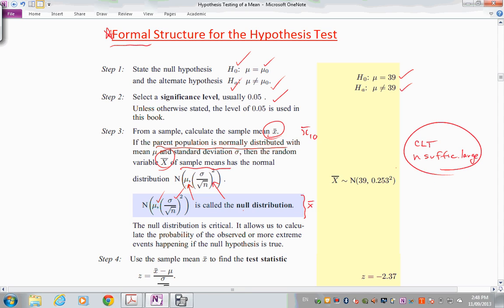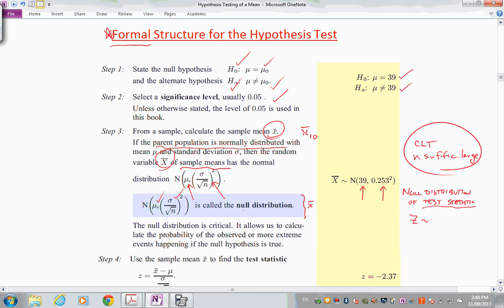Please be careful here. And here it is, 39, and that's our value that I mentioned to you before. Okay, please be careful. Sometimes they ask for the null distribution of the test statistic. Now that's a bit of a trap. If you're doing that, what's the test statistic?